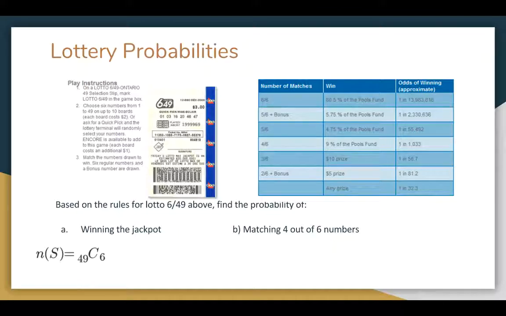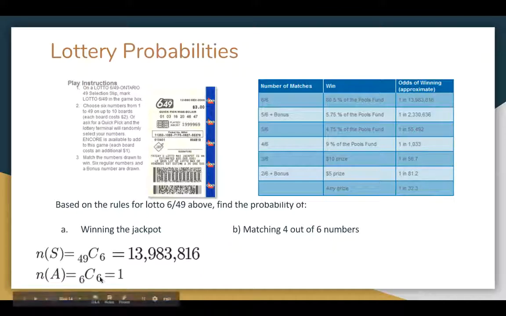Out of the 49 total, you choose 6 to pick. Winning the jackpot, there's only one way to do it, and it's 1 out of 13 million. But we can also calculate that by saying 6 choose 6. Out of all the 6 winning numbers, you're going to choose all 6 of them. And so that's 1 out of 13 million, and you can see that's the same number here. That's where they get it.